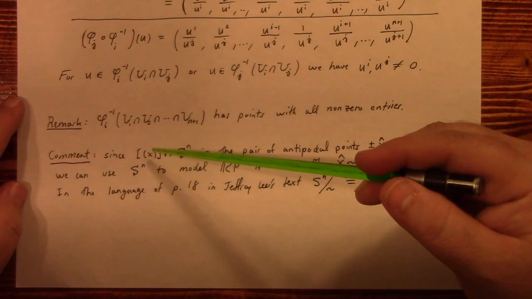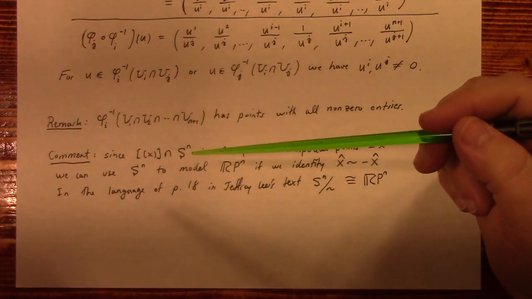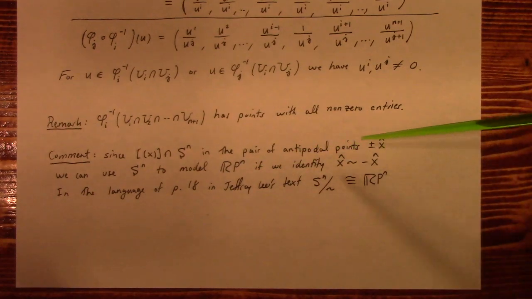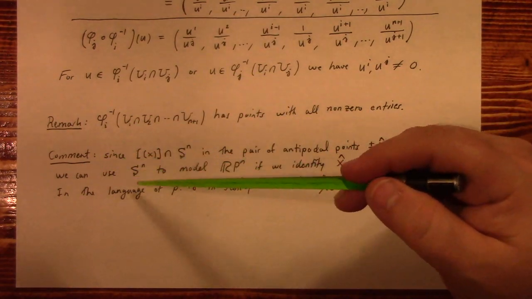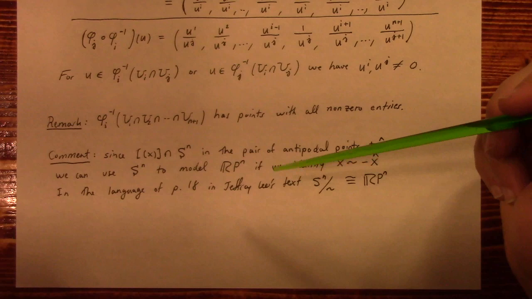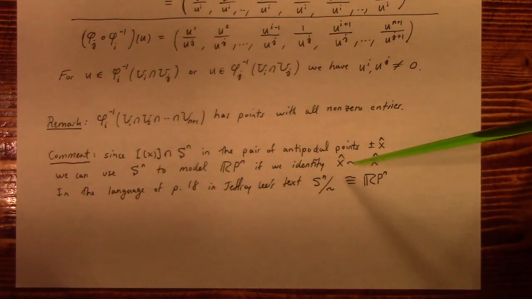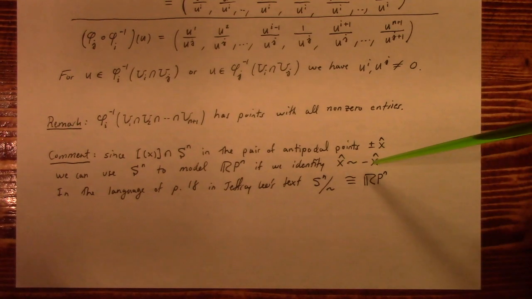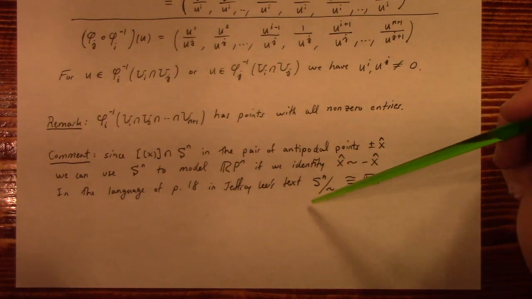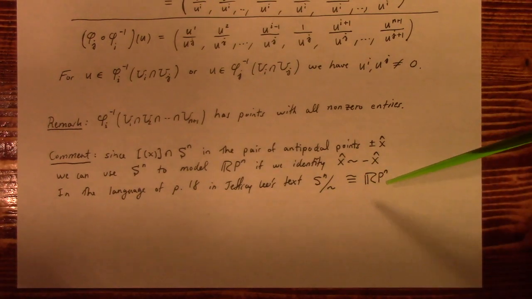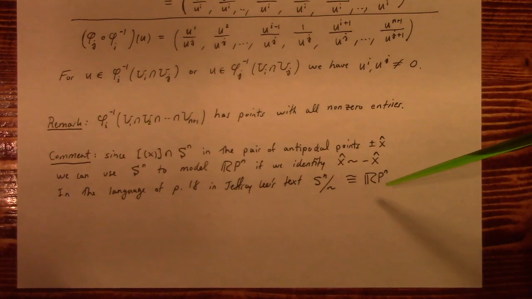Since a point of real projective space, which is a line, intersects the n-sphere in just a pair of antipodal points, we can use the n-sphere to model RPn if we simply identify the antipodal points on the n-sphere. In other words, the n-sphere modulo the antipodal equivalence is diffeomorphic to RPn.